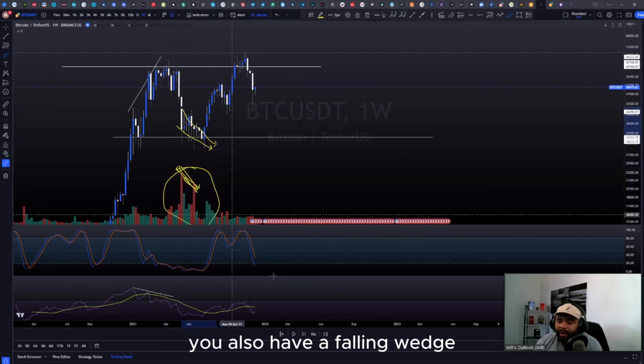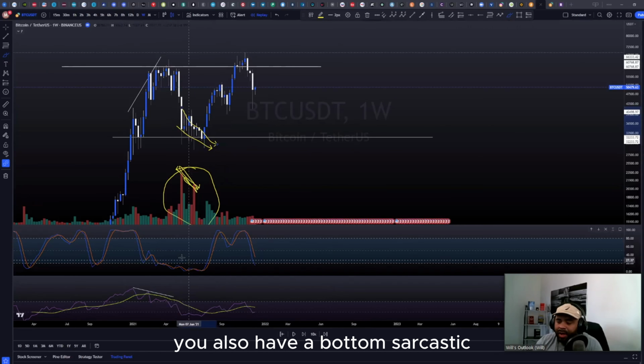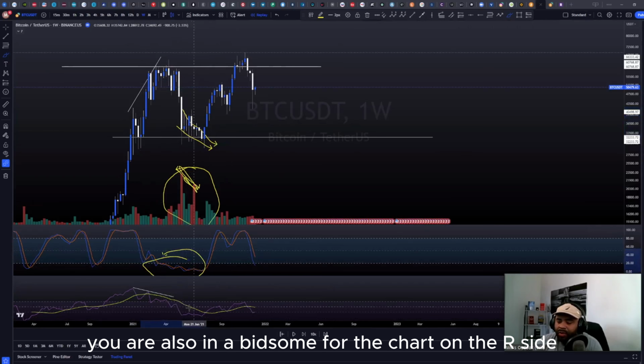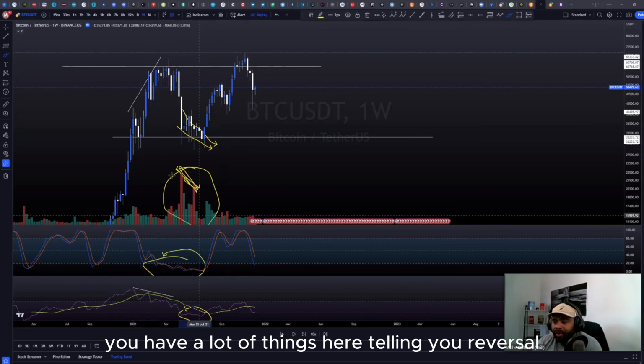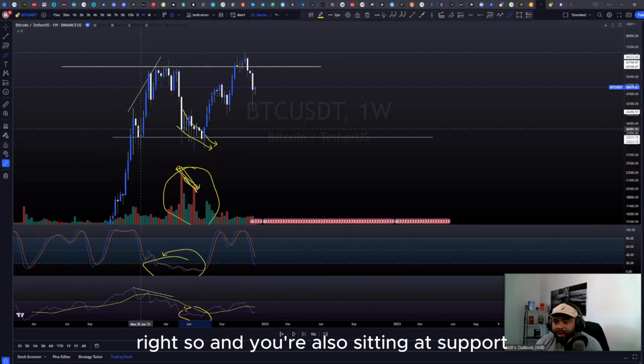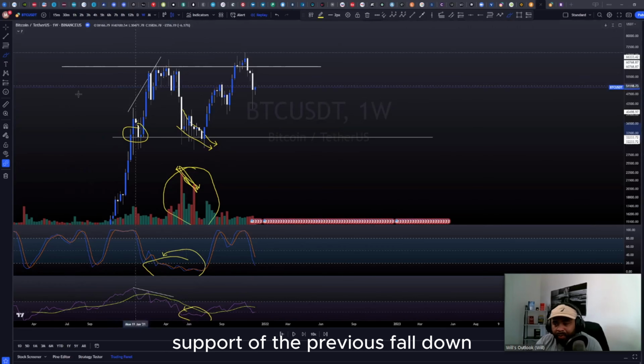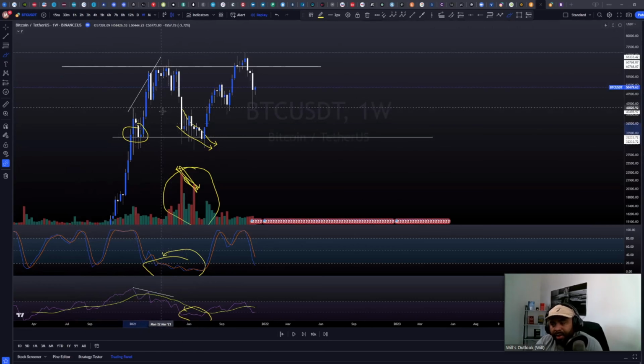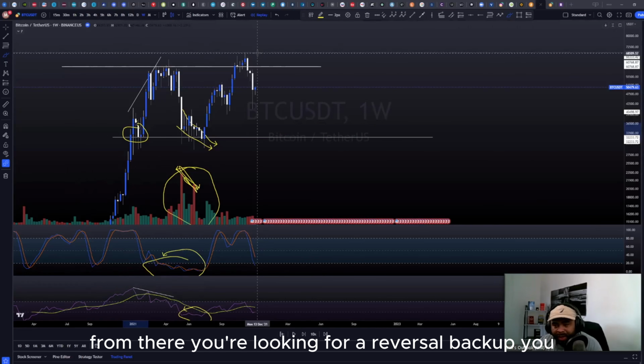You also have a falling wedge. You also have a bottom stochastic. You are also in a bid zone for the chart on the RSI. You have a lot of things here telling you reversal, right? And you're also sitting at support of the previous fall down. From there, you're looking for a reversal back up.